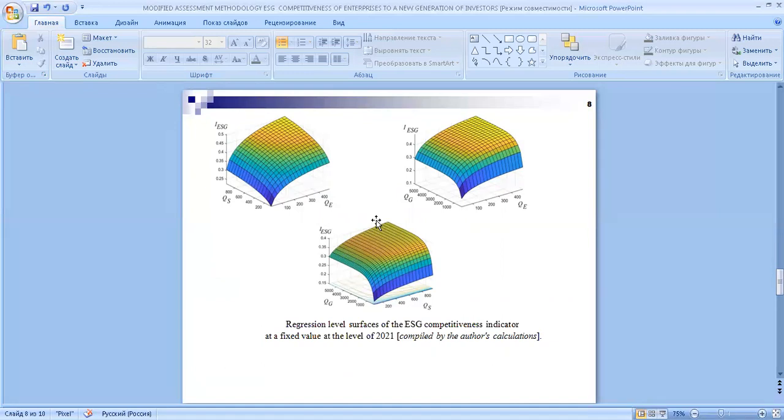And this result of this regression you can see in the level of 2021 year.